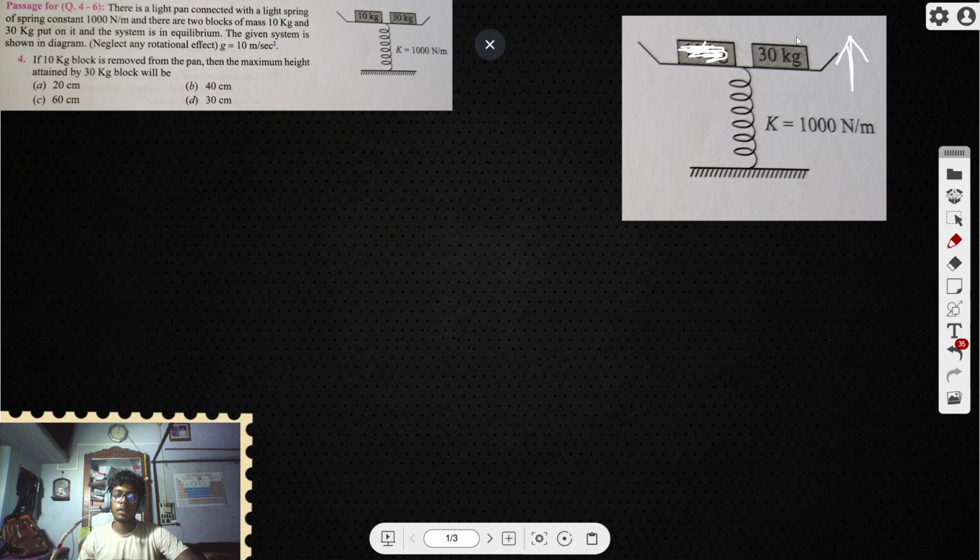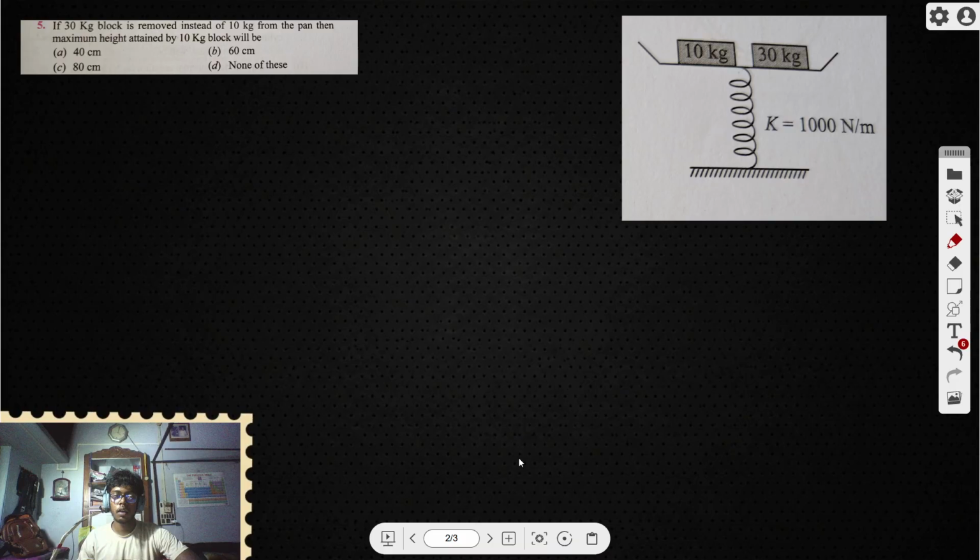After some time it will attain an equilibrium. Like this, the fifth question is asking the same thing, but in this question the 30 kg block is removed, so the 10 kg will go up and also attain some equilibrium position because the compression is released.